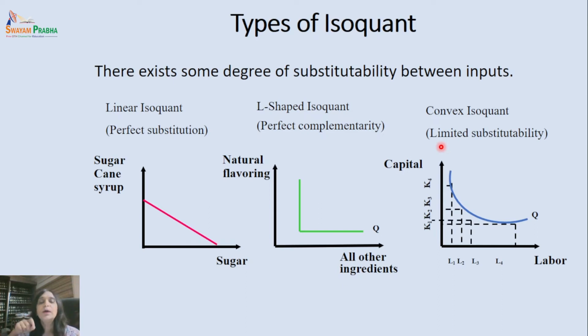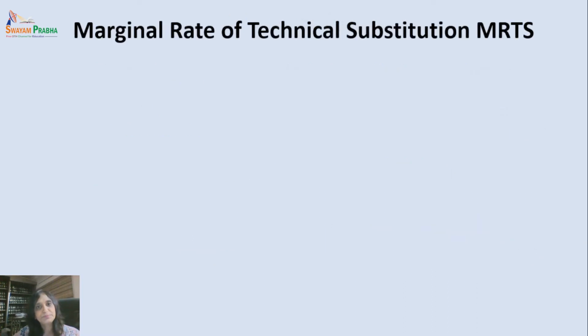So even though I want to increase labor, I am reducing capital, but they are not perfect substitutes for each other. When this happens, our isoquant becomes convex to the origin. The first and the second, where your isoquant is a linear line or L-shaped, are very extreme cases. Otherwise, the natural case is a convex isoquant.